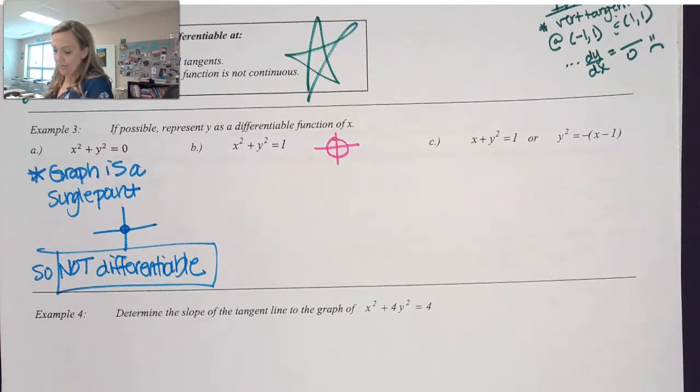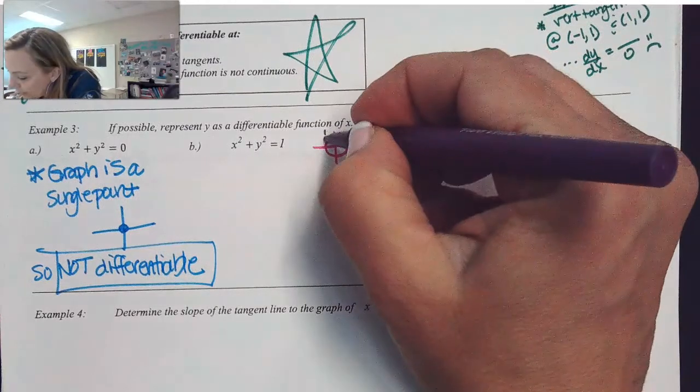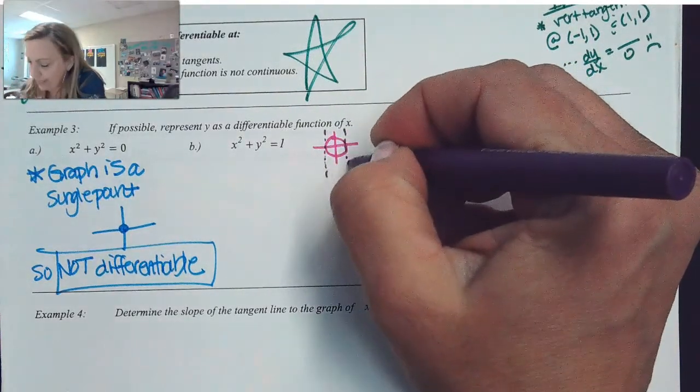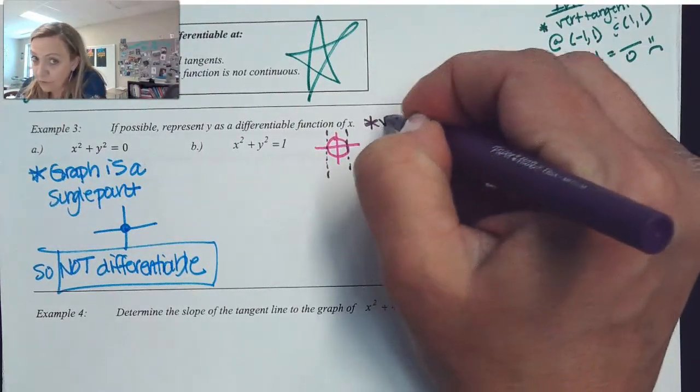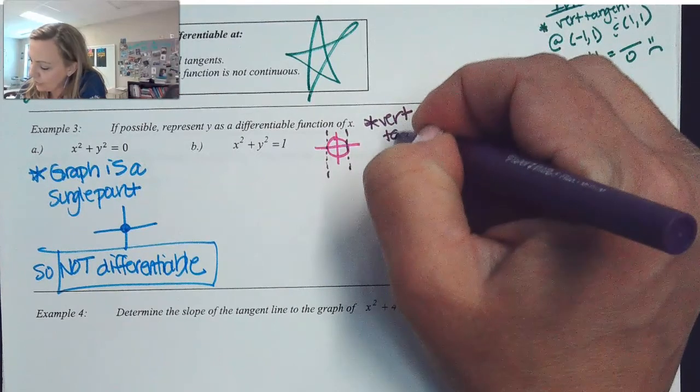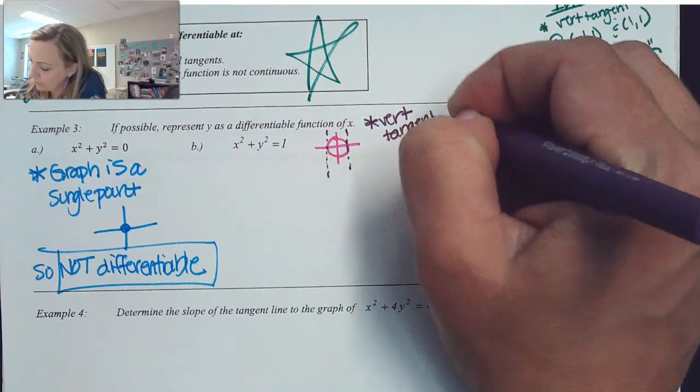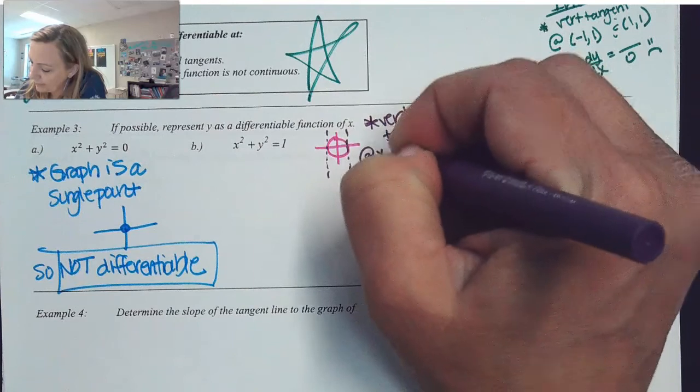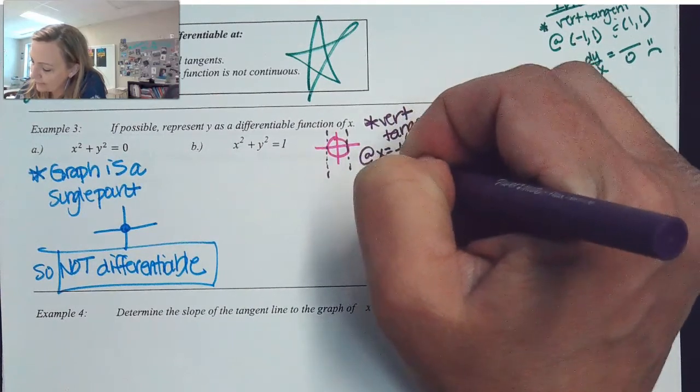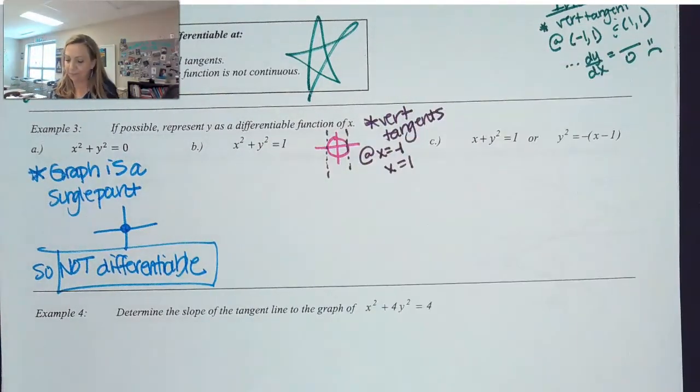So we have vertical tangents at -1 and at 1. So notice that we have vertical tangents at x equals -1 and x equals +1.